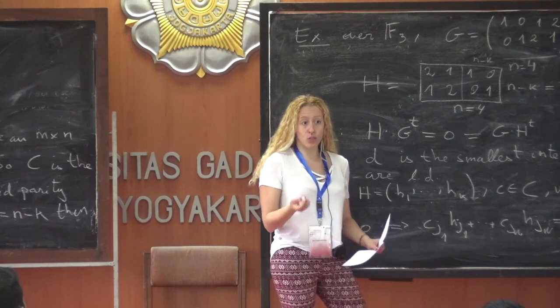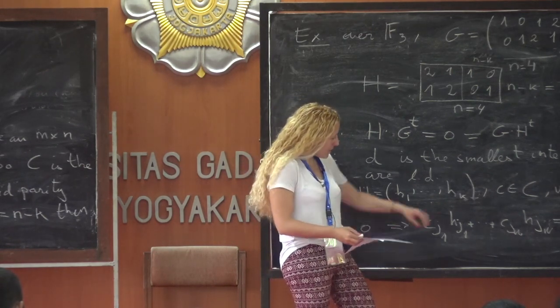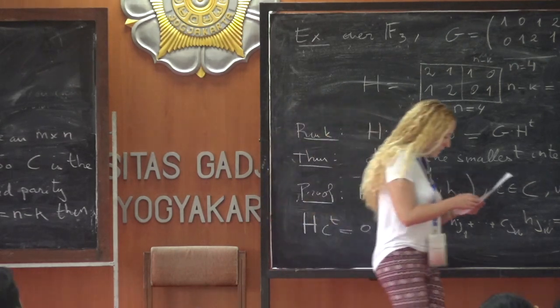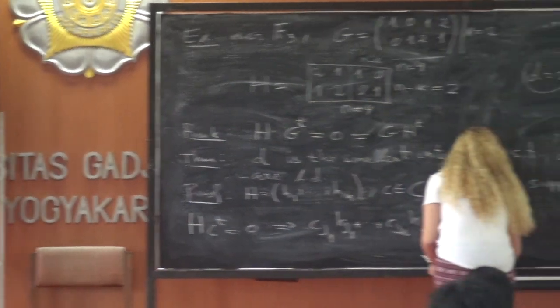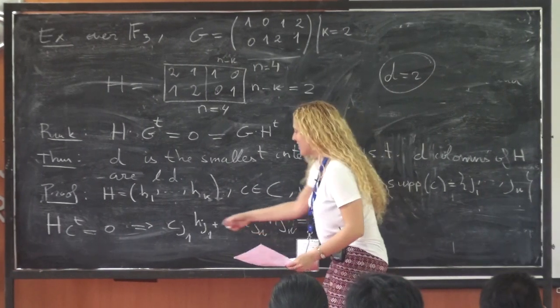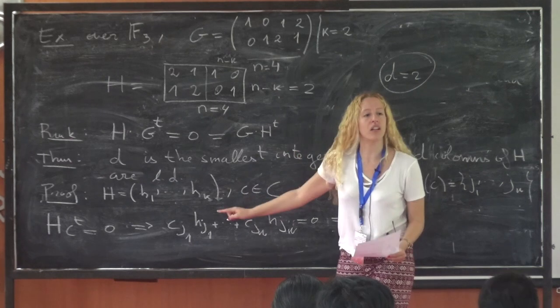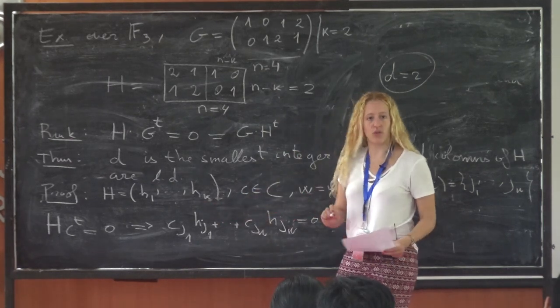So basically this code word is telling me that those columns are linearly dependent, because these numbers are different from 0. So I found a non-trivial linear combination of these vectors that is equal to 0.